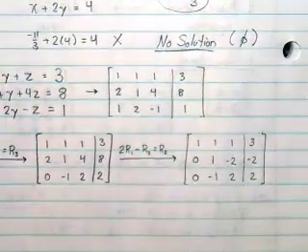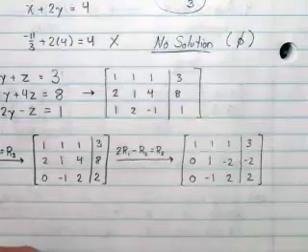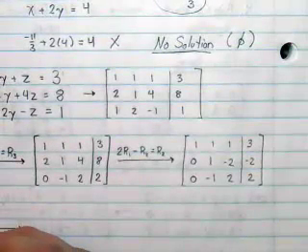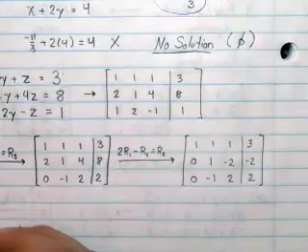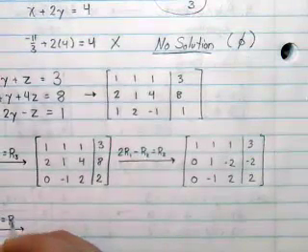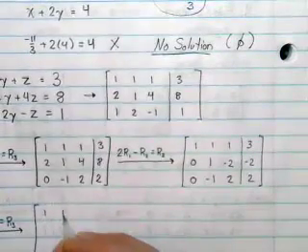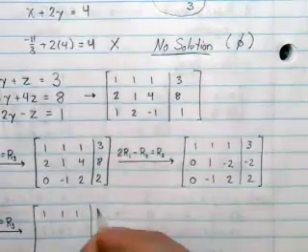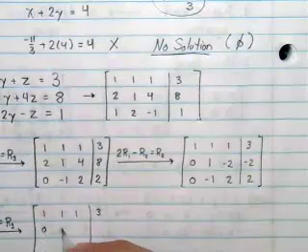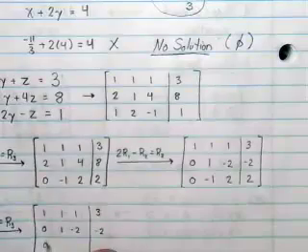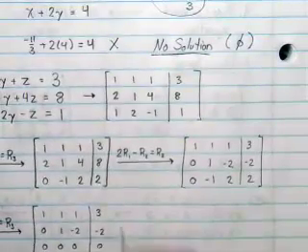So it's going to leave us in a little bit of a lurch here, but I'll show you how we can get through that. So row 2 plus row 3 equals row 3. We got to do it. So 1, 1, 1, 3, 0, 1, negative 2, negative 2, and then we get 0, 0, 0, 0.